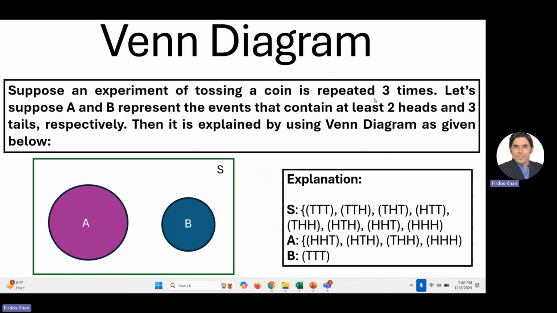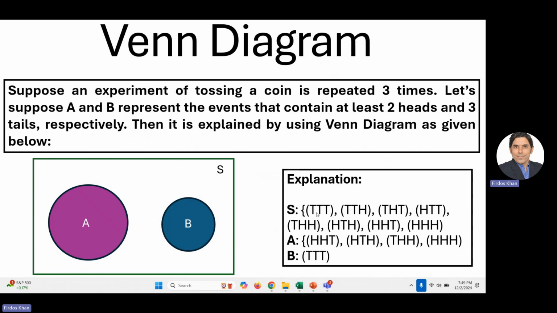So the experiment is repeated 3 times, and that is tossing a coin. This means that there are 8 potential outcomes, and those are mentioned here. I will explain each of them in detail. And this is represented by S, that is the sample space. In statistics, we represent this by S, the sample space, and these are the potential outputs of this experiment.